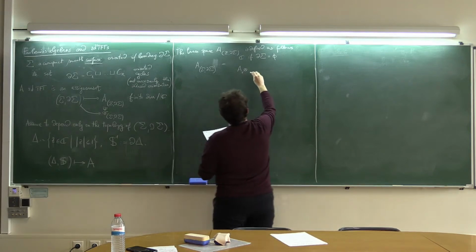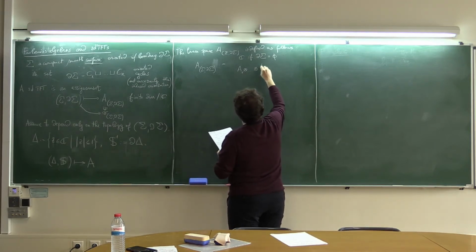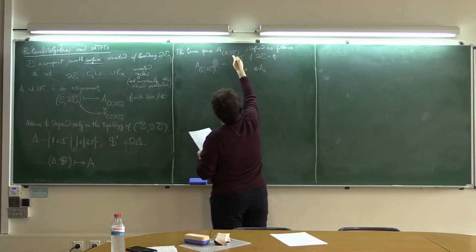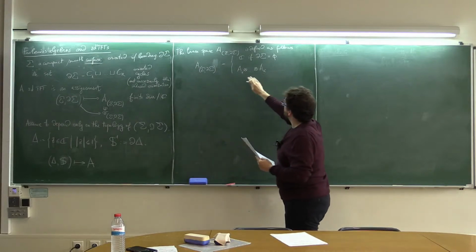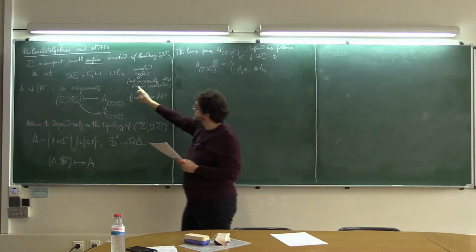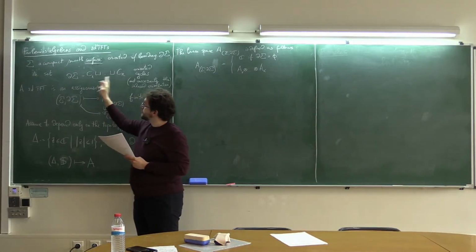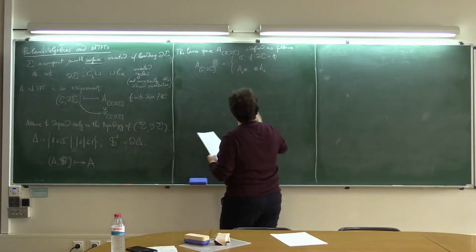Otherwise, we have a tensor product of k vector spaces, where k is the number of cycles in the disjoint union.